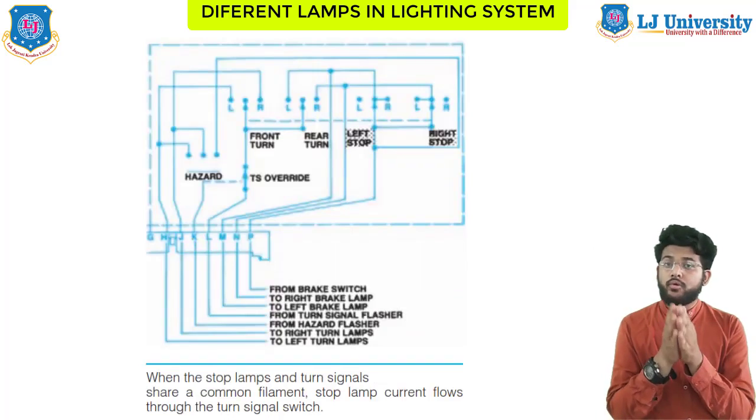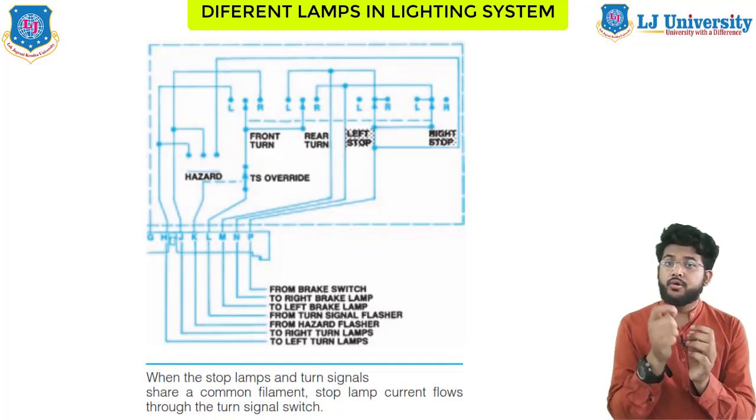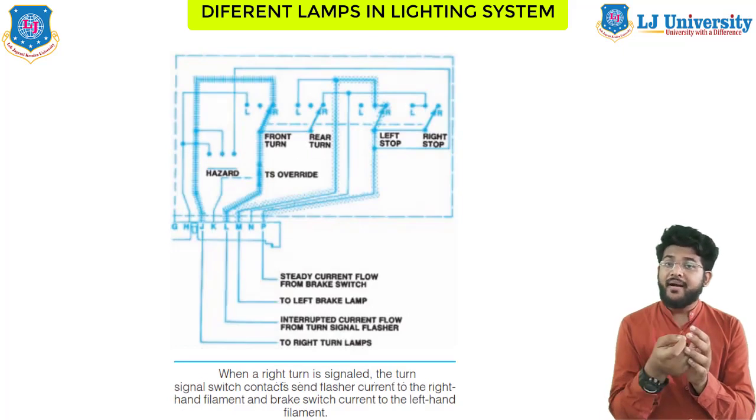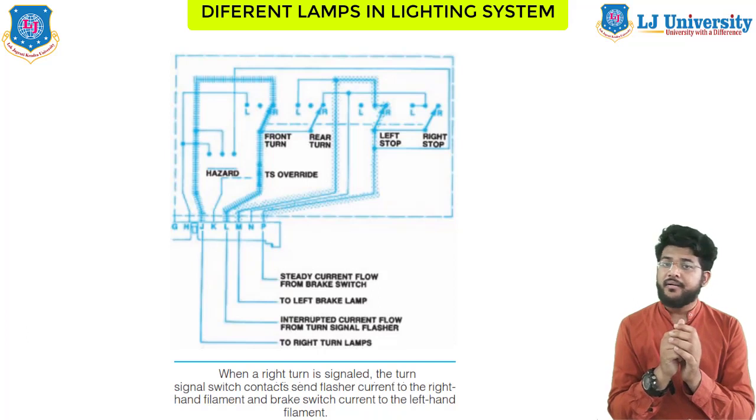To do this, brake switch current is routed through the contacts within the turn signal switch. By linking certain contacts, the bulb can receive either brake switch current or flasher current depending upon which direction is being signaled by the driver.